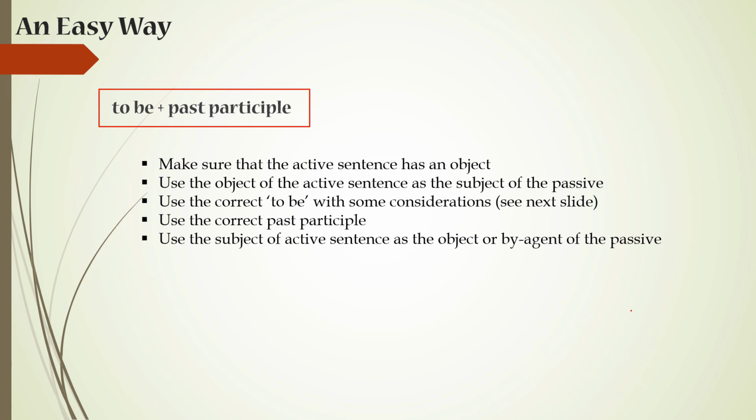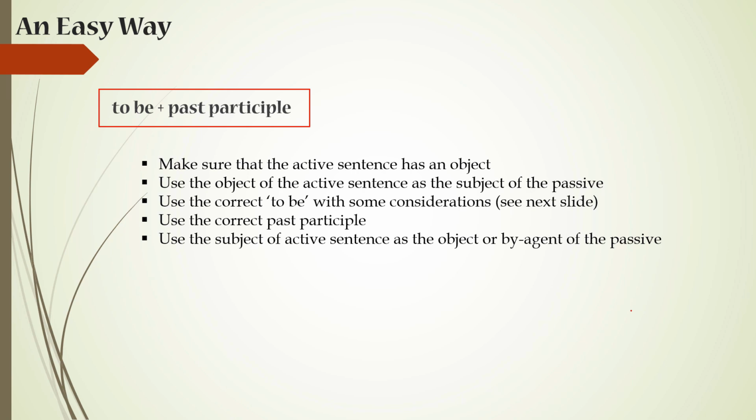So the to be that must be used in the passive sentence is the to be is. Okay, so a letter is. Okay, that is a brief explanation before we come to the next slide for a complete one.